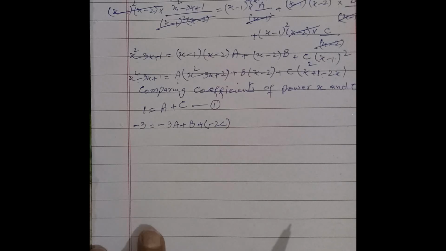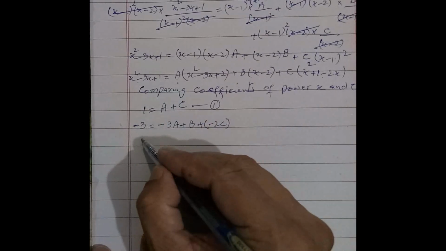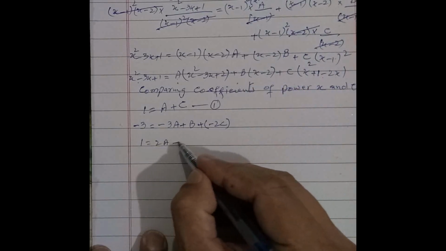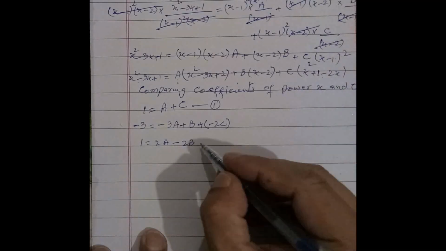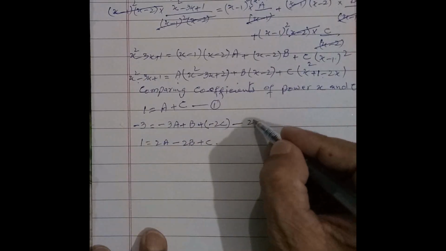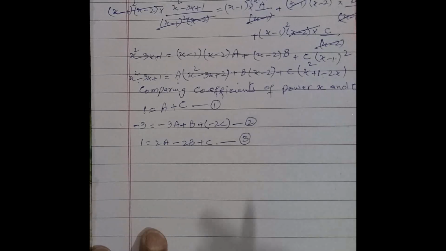And the next is for constant. Here constant 1 is equal to 2a minus 2b plus c. These are the equations we get by comparing x powers and constant.